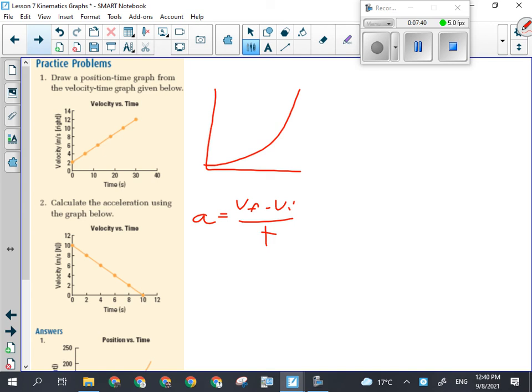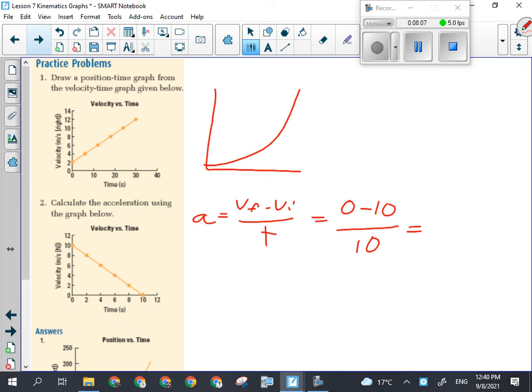My initial velocity is 10, and this takes 10 seconds. Seems like my acceleration would be -1 meter per second squared, because I would have 0 minus 10 over 10. That would be -1 meter per second squared, slowing down by 1 meter per second every second. Did I also just calculate the slope of that line?